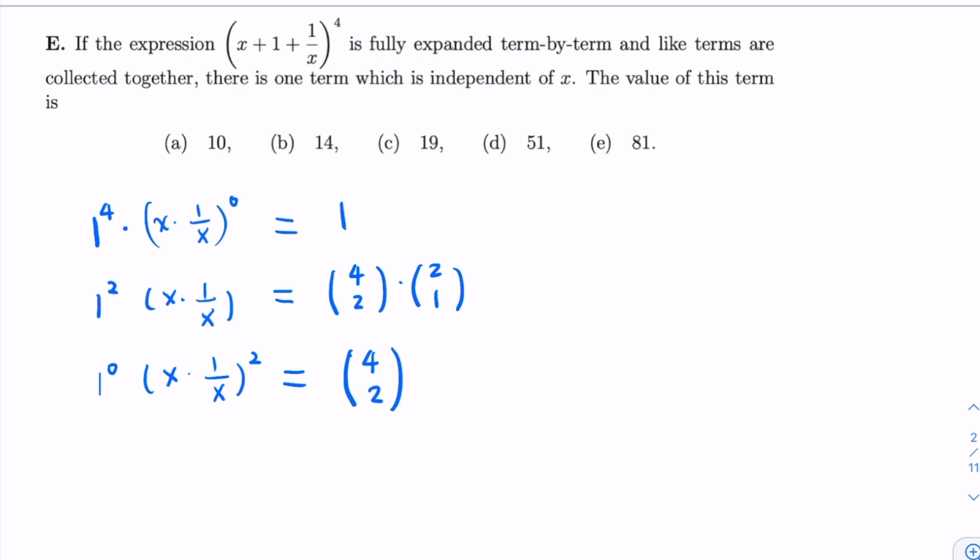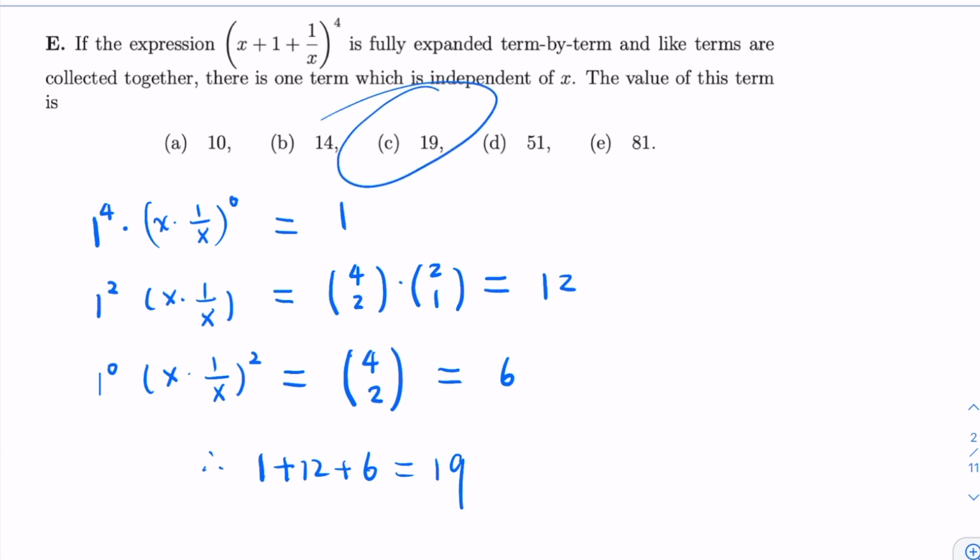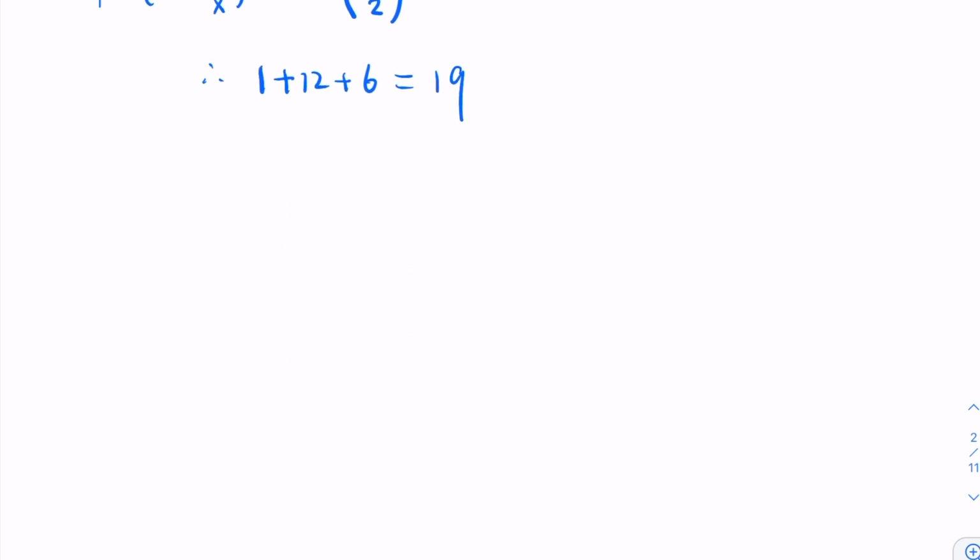Okay, so the coefficients, you're going to add them together. So the first one is 1, the second is 6 times 2 is 12, and the third is 6. So the total is going to be 1 plus 12 plus 6, that's 19. Okay, so that's the answer. Move on.